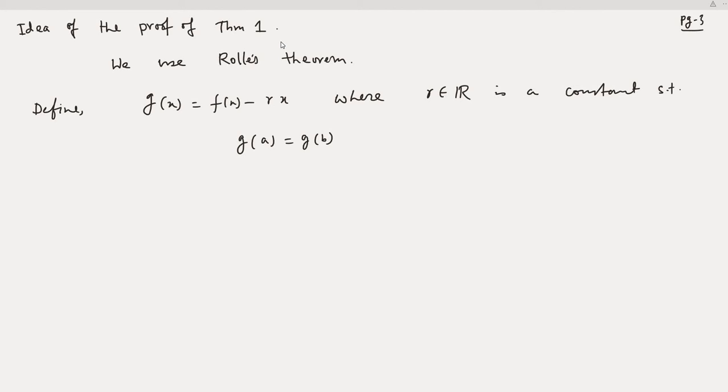That determines the value of r: g of a equals g of b if and only if r equals f of b minus f of a over b minus a. So please check it.